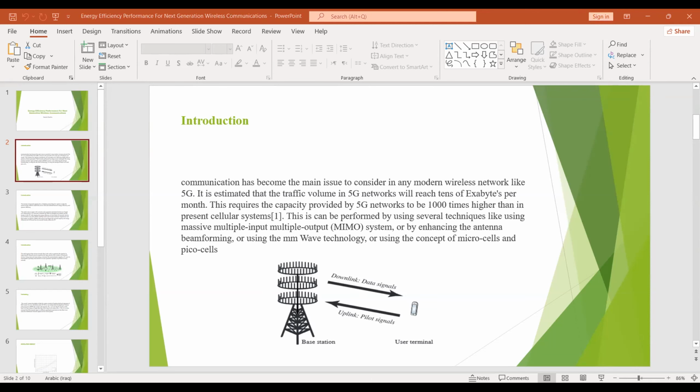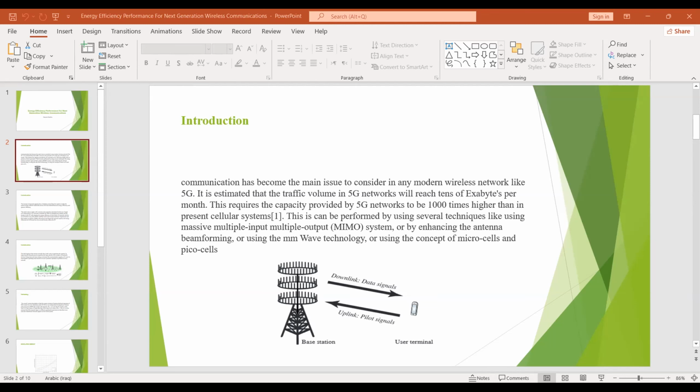So the growing demand for wireless communication and its applications has led researchers to make great effort to meet the future requirements of wireless networks.